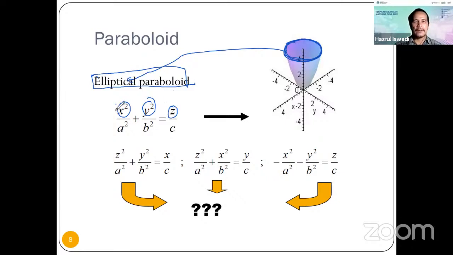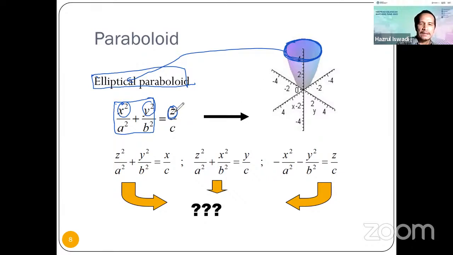So in this equation, the ellipse comes from this component. Based on this example, we can look at the characteristics of this elliptic paraboloid.